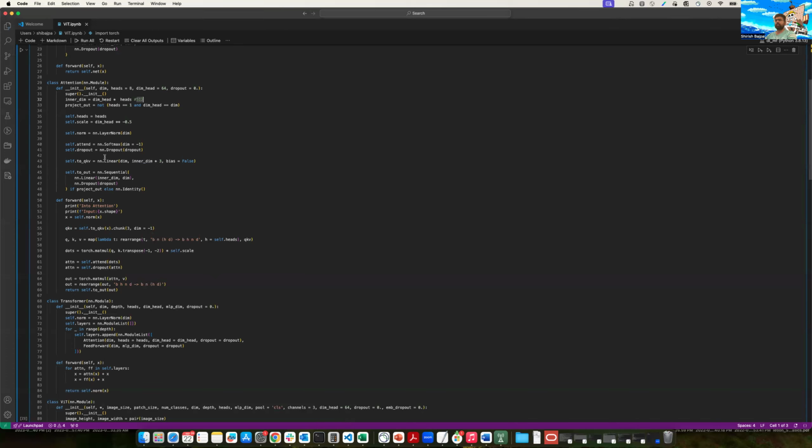Where is that linear layer? QKV is an nn.Linear. It expects dimension 64, and we get a 512 dimensional matrix.